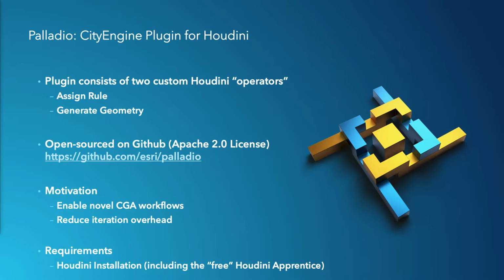The main reason we did that is to enable novel CGA workflows. For example, in Houdini you can chain multiple rules after each other, so you can generate a model and feed that into a next rule, which is not easily done in CityEngine. All you need is Houdini, and you're good to go. The rest is on GitHub, basically.